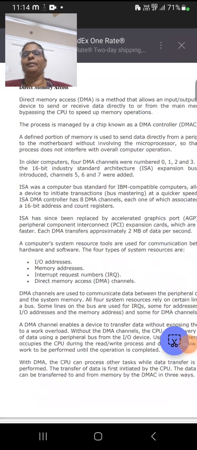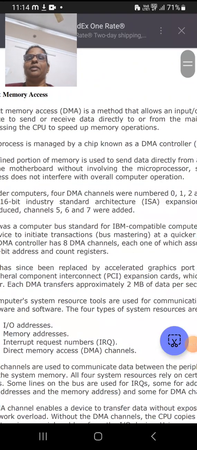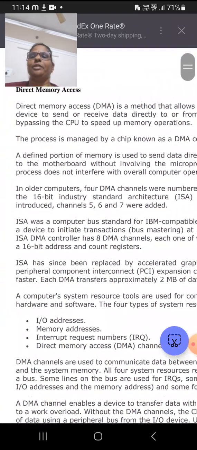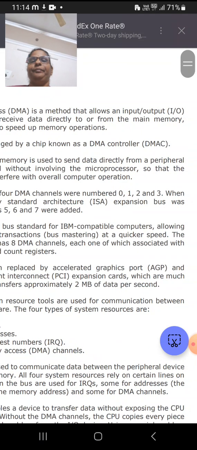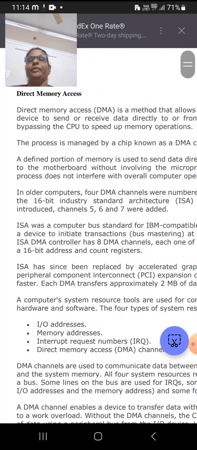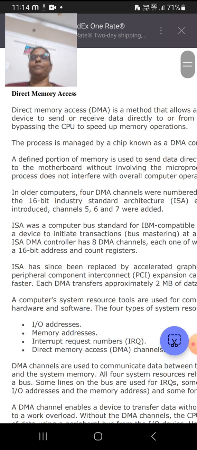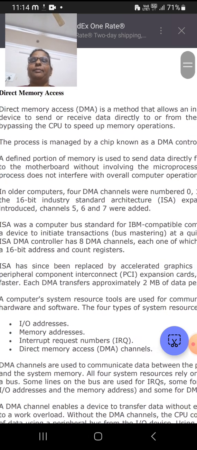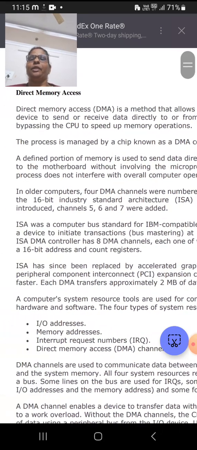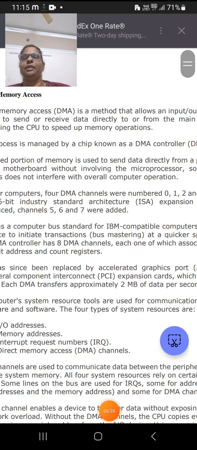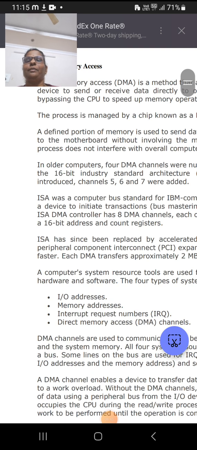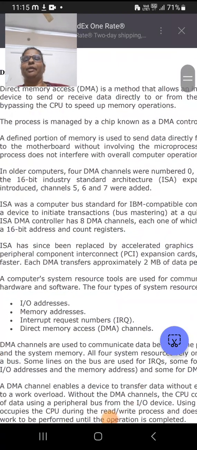Next one is direct memory access. DMA is a method to allow input output devices to send and receive data directly to or from the memory, bypassing the CPU to speed up the memory operation. The process is managed by a chip known as the DMA controller. It is used to send the data from the motherboard without involving the microprocessor.